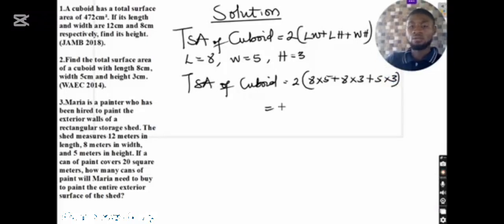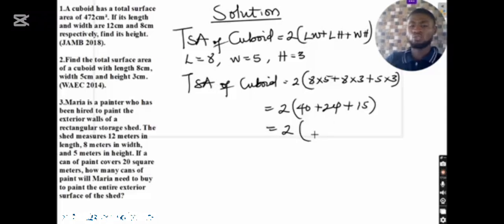So I'll say 2 open bracket 8 times 5, 40, plus 8 times 3, 24, plus 5 times 3, 15. So that's equals to 2 open bracket 40 plus 24 is 64 plus 15. So that 2 open bracket 64 plus 15 is 79.